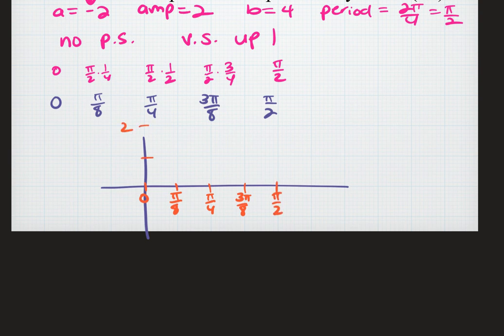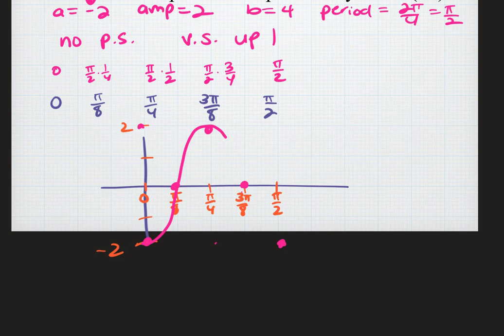My amplitude is 2. Up 2, down 2. All right, so now it's cosine, right? Cosine typically starts up here, comes down, down, up, up. So my cosine curve would look like that, right? But there's a negative on the front. So instead of starting at the positive amplitude, we're going to start at the negative amplitude. So I go to -2, 0, 2, 0, -2.